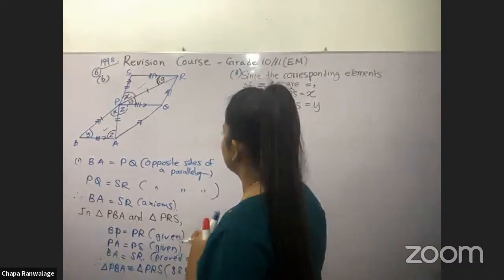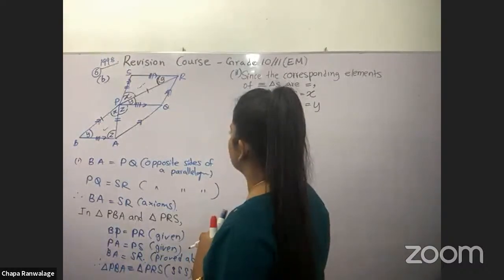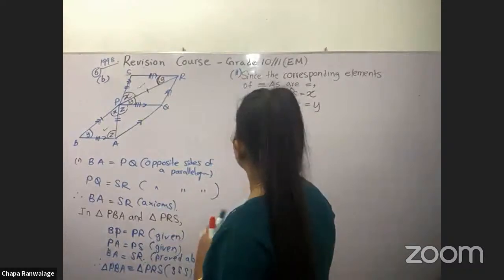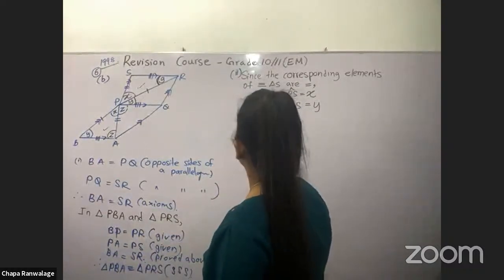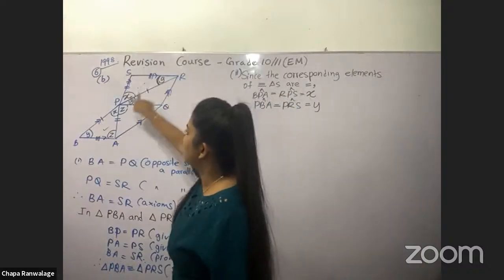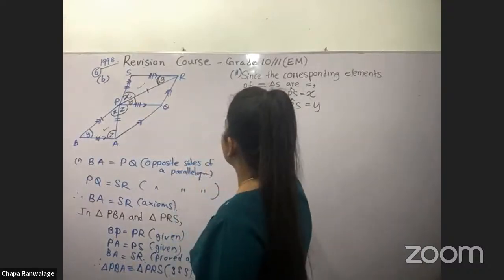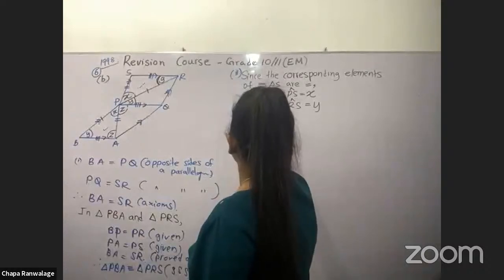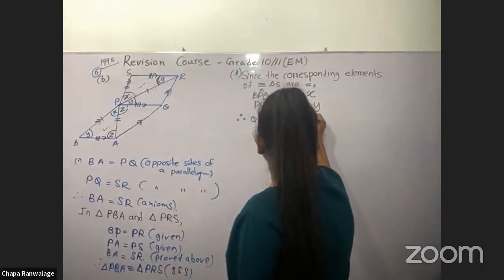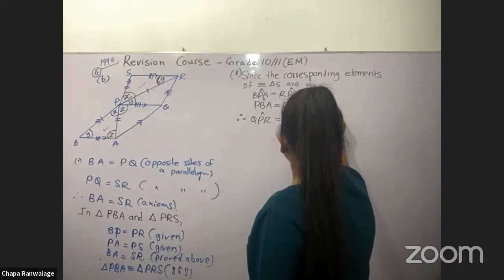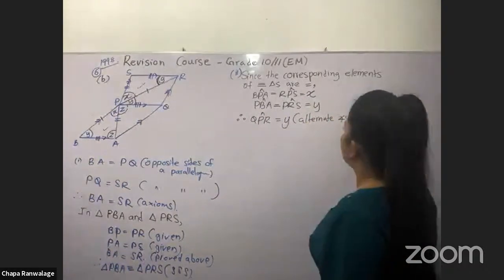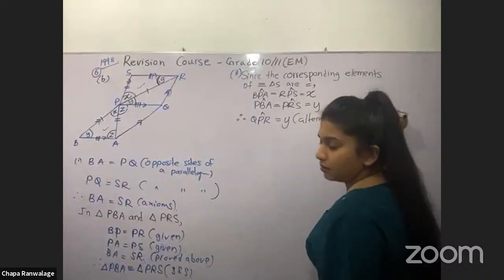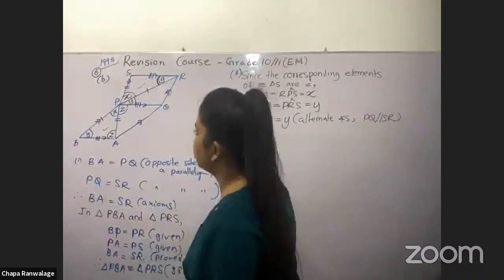Therefore, QPR equals y, alternate angles, because PQ is parallel to SR. Correct? Then the opposite will be correct.